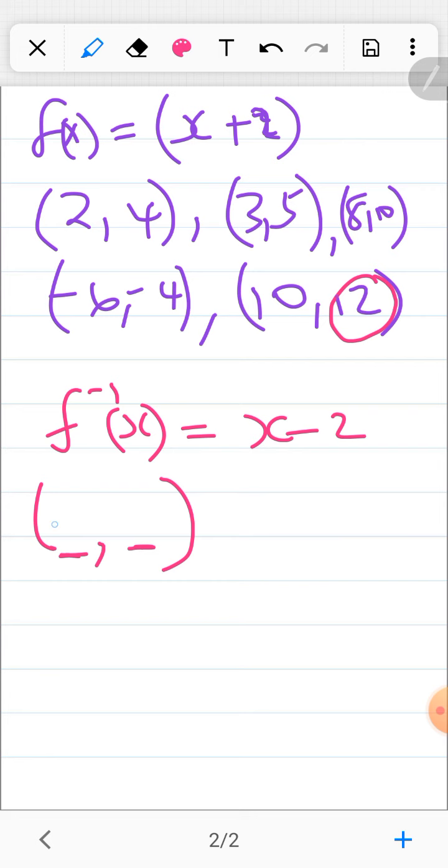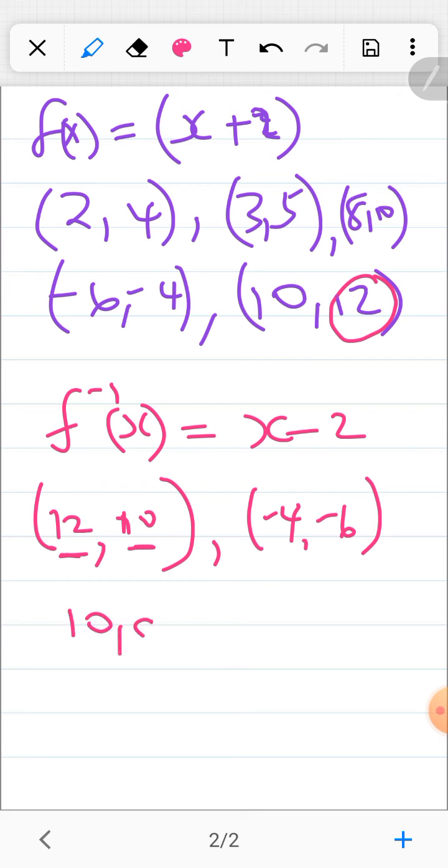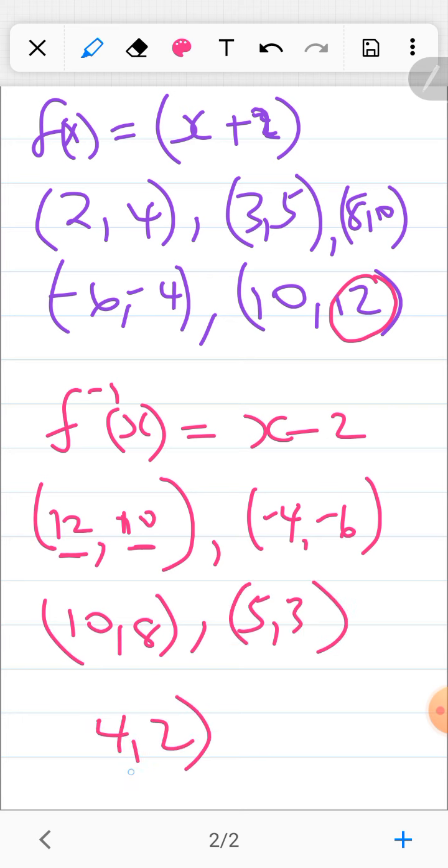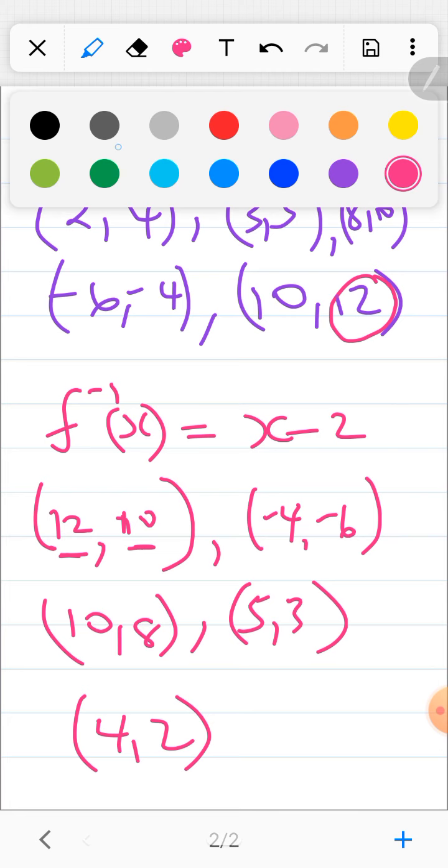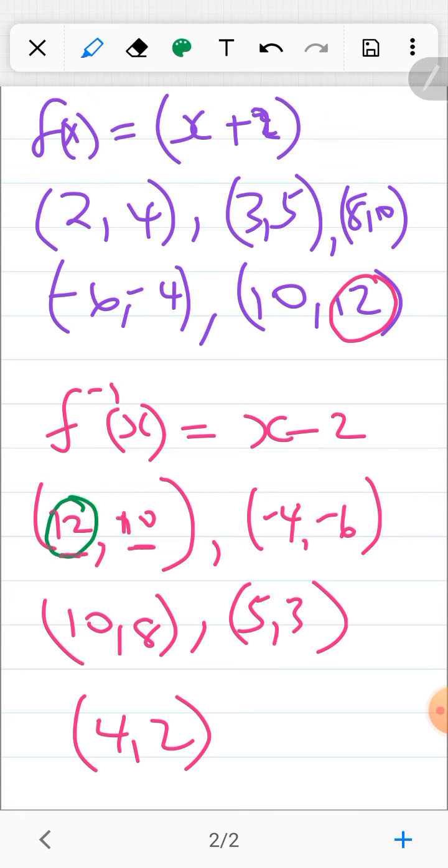So the coordinate points would be 12, 10, right, for the inverse function. And then -4, -6, and then 10, 8, and then 5, 3, and then 4, 2, because I know that the inverse function is going to take this input and take it to that output.